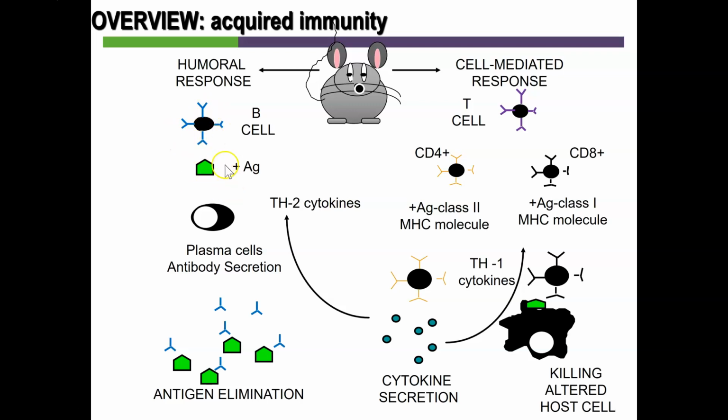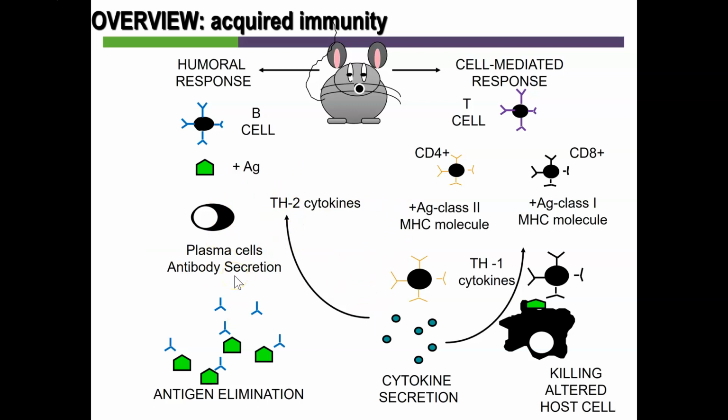If they come in contact with their exogenous antigens floating around, that's going to stimulate the B cell to respond. It's probably going to internalize that antigen and represent epitopes of that antigen with MHC2 that it can stimulate a helper T cell, because it's going to need that helper T cell that's been stimulated to release Th2 cytokines.